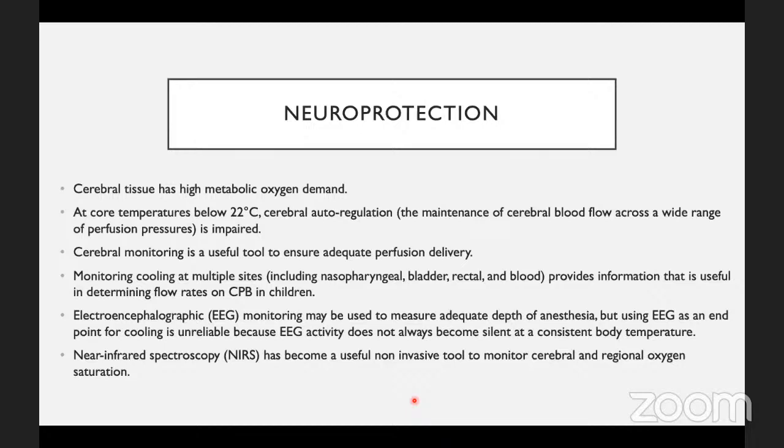Yeah, neuroprotection. Of course, if you ever have to talk about neuroprotection, always remember a word called autoregulation. Autoregulation is a way the brain has of regulating its own blood flow in spite of varied pressures. So even from a pressure as low as 40 to as high as 110, the brain controls its blood flow. The blood flow to the brain is almost constant. It doesn't matter what the pressure is.